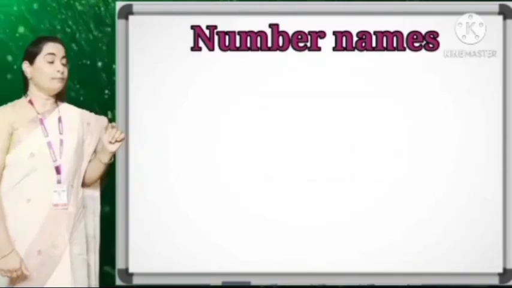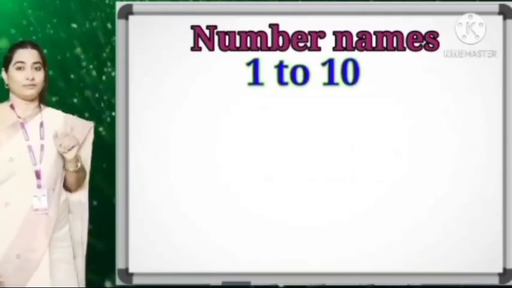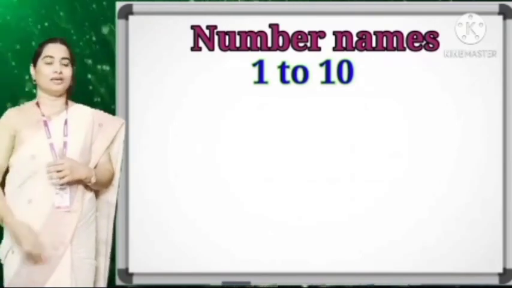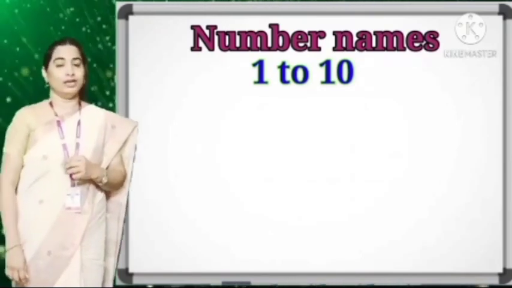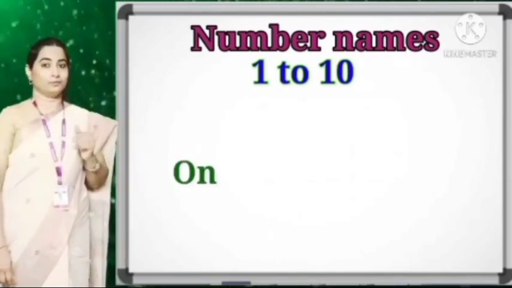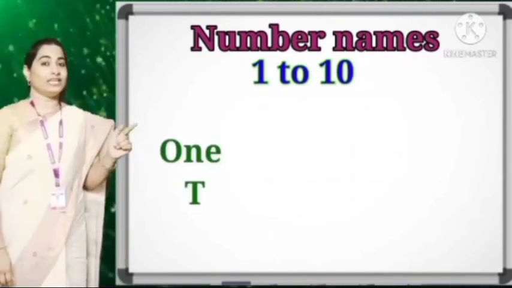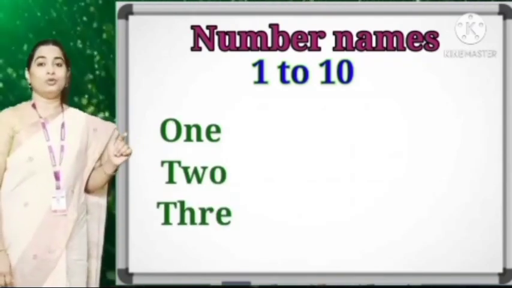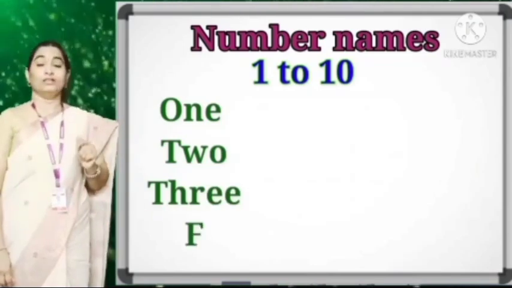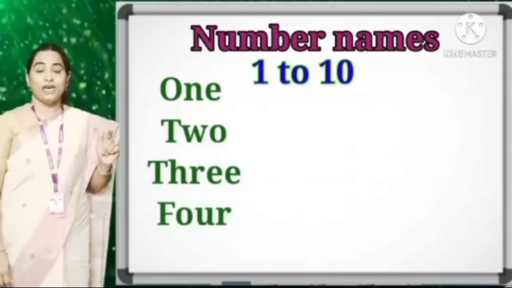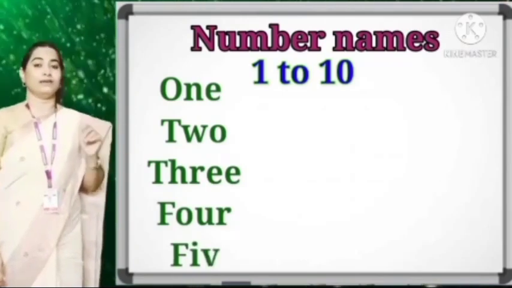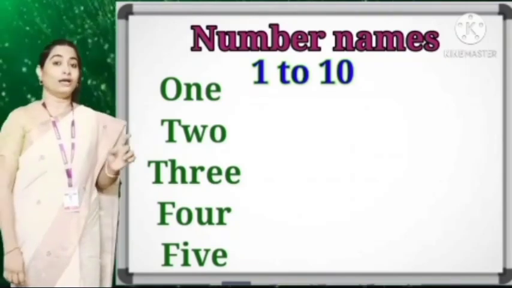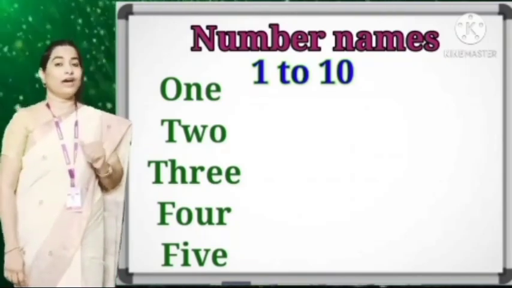Number names from 1 to 10. It's very easy, isn't it, children? You have learned it many times. Now we'll do the revision. 1. O-N-E, 1. 2. T-W-O, 2. 3. T-H-R-E-E, 3. 4. F-O-U-R, 4. 5.